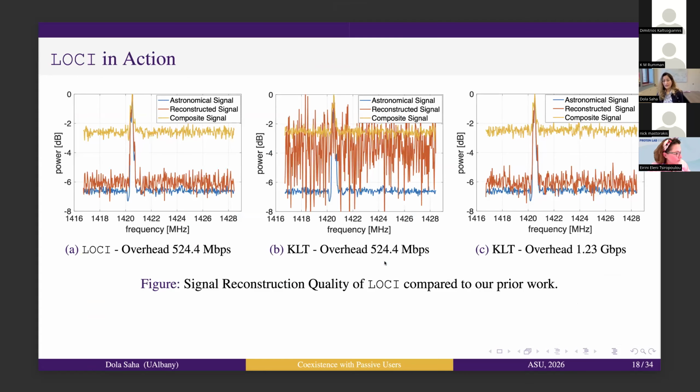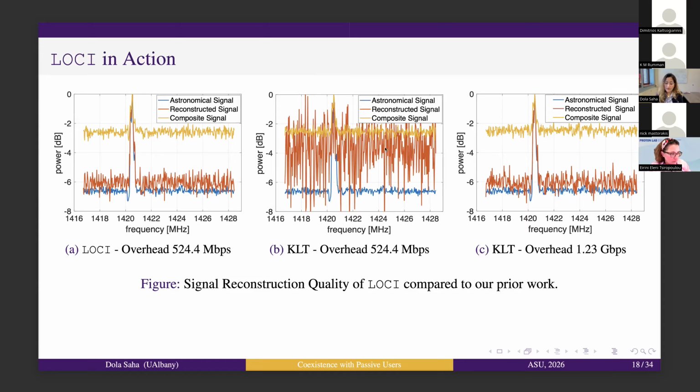And using this model, we can see how effective it is. So we look at this. This is the current version, which is using this much overhead, the neural network version.